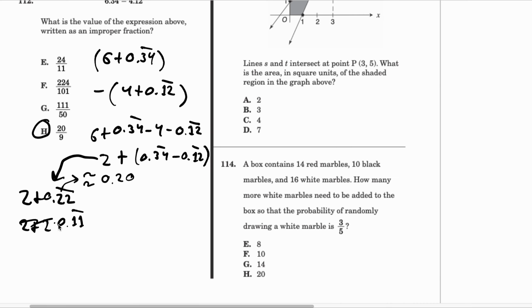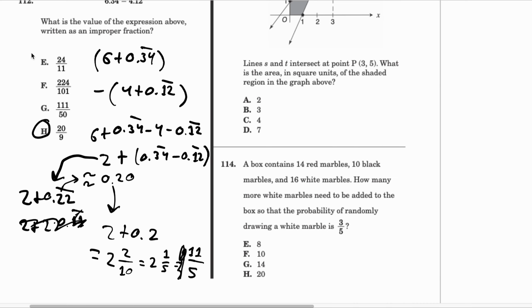So this is approximately 0.20, and therefore we have 2 plus 0.2, and this is 2 and 2 over 10, and this is 2 and 1/5, and as an improper fraction, that would be 11 over 5. And then you could take this and compare the value of 11 over 5 to each of these answer choices and see which it's closest to.